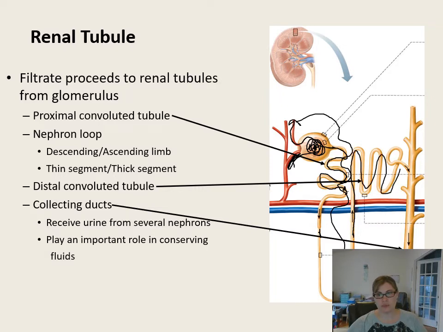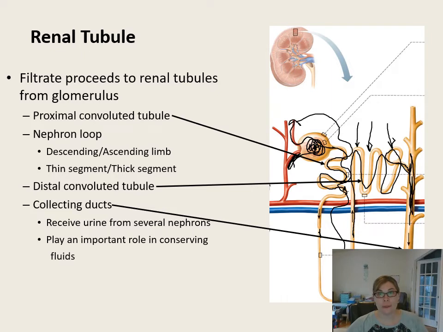Distal means further from where it started. By the time we get to the distal convoluted tubule, we've really taken care of a lot of our fine tuning. This is where our tubular secretion is going to happen, where we put stuff back into the filtrate. Ultimately, it's going to end up in this little line here, which is the collecting duct.